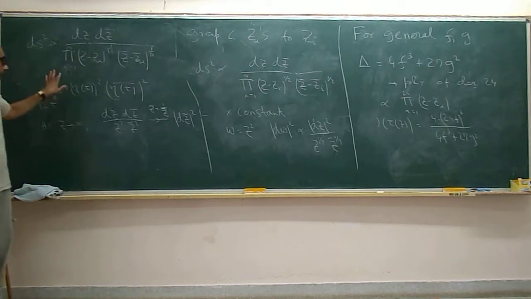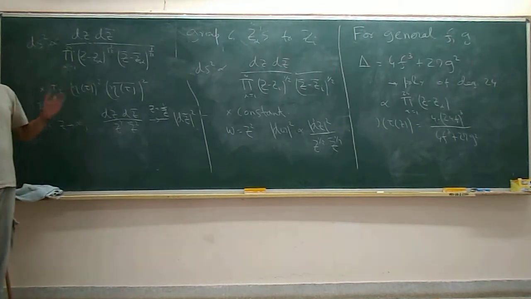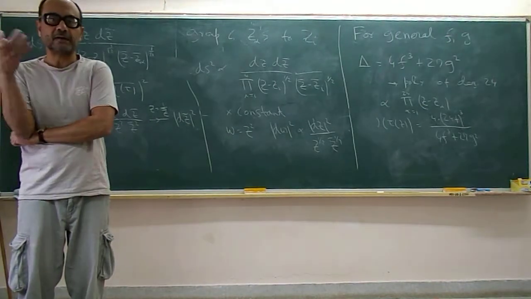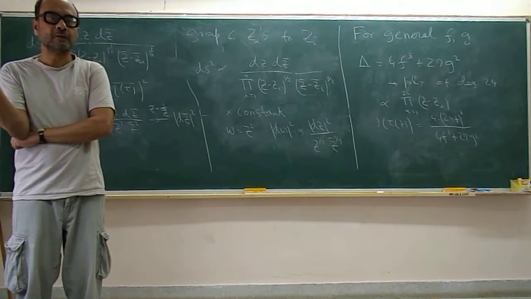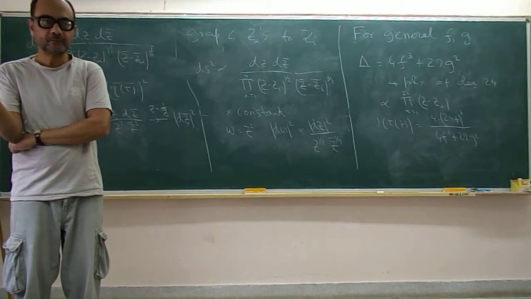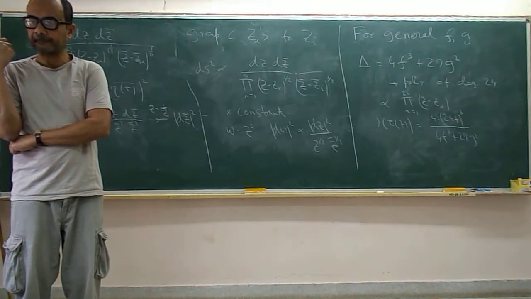If it were just a holomorphic function, then there would be no curvature because you could remove it locally by redefining your z. But this is a non-holomorphic function. So there will be local curvature, which is not surprising because once tau varies as a function of z, there is a local source of energy momentum tensor everywhere on the sphere. So you don't expect that you have a flat sphere.